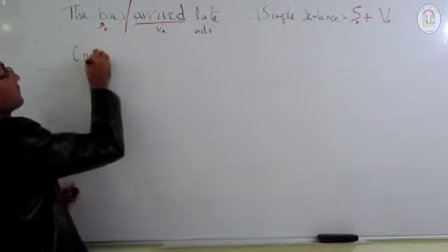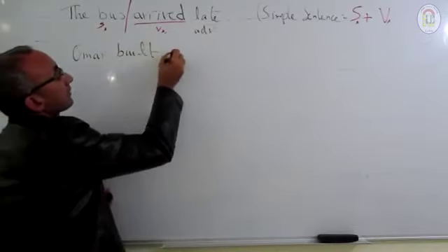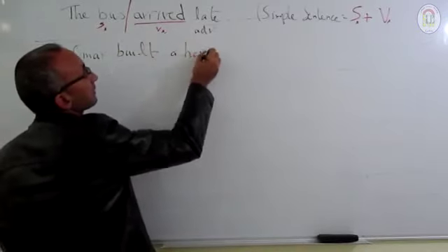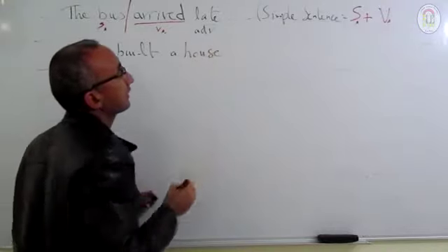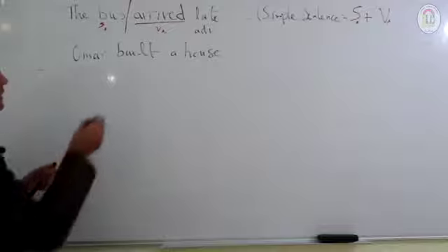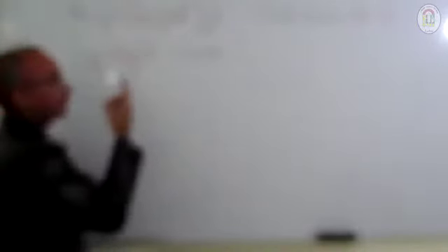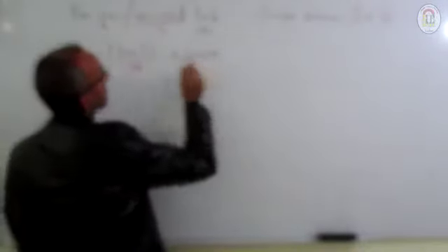Omar built a house. I have my subject, Omar. It's only one subject. Built a house is my complete predicate. Now the first element in it is the verb. I have only one verb here, plus he built what?